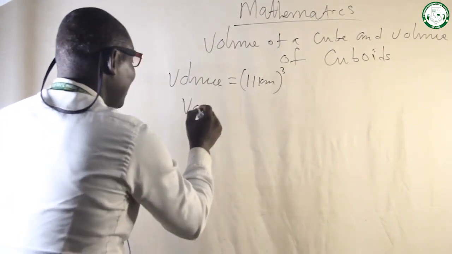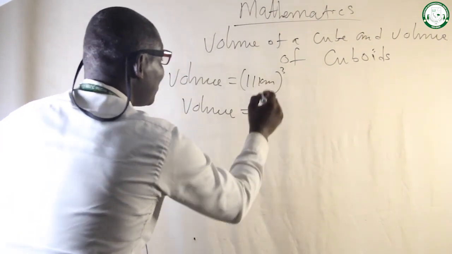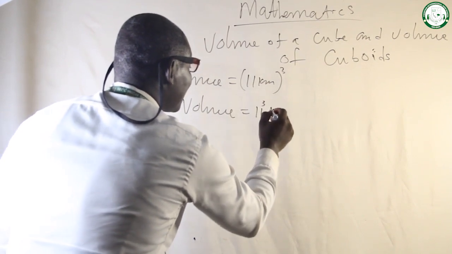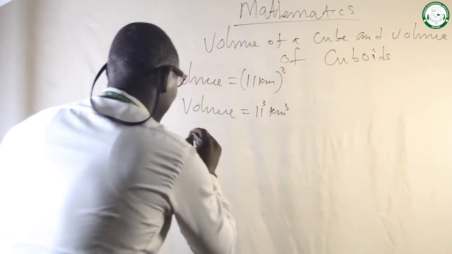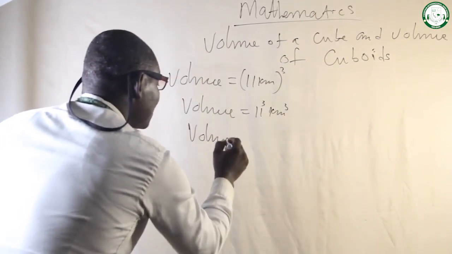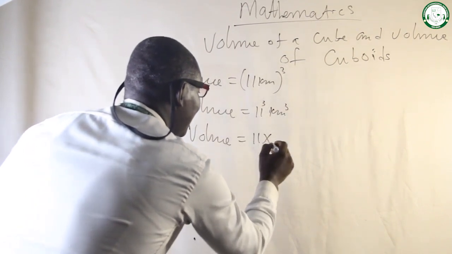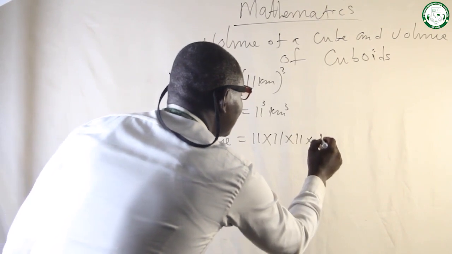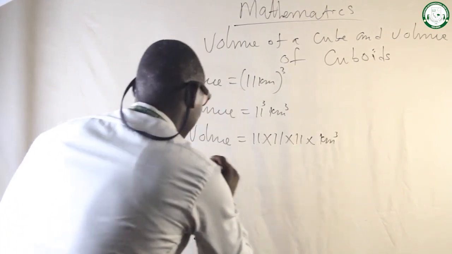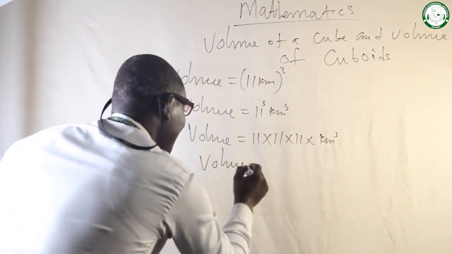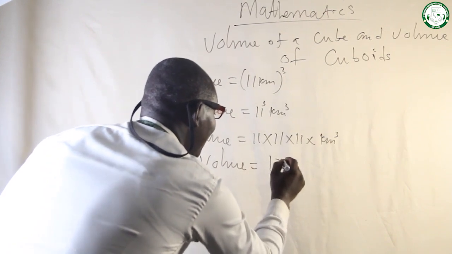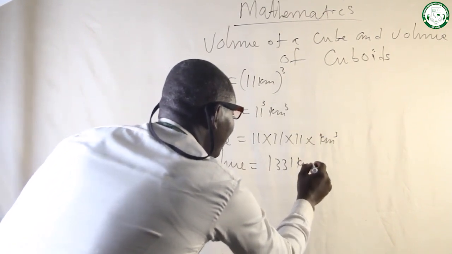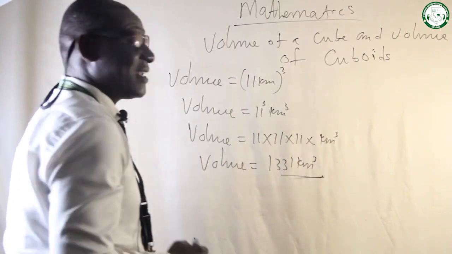We now have the volume to be 11 raised to power 3 and kilometer raised to power 3. Volume will now be 11 in 3 places. Therefore, to get the final answer, we now have 1331 kilometer cube. This is the final answer.